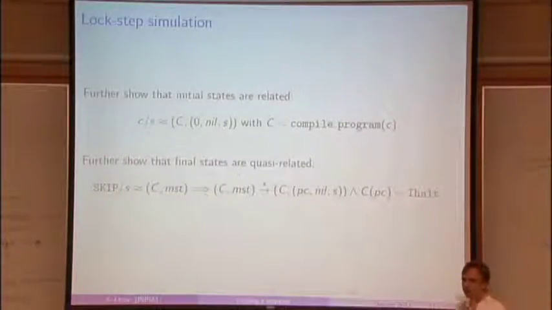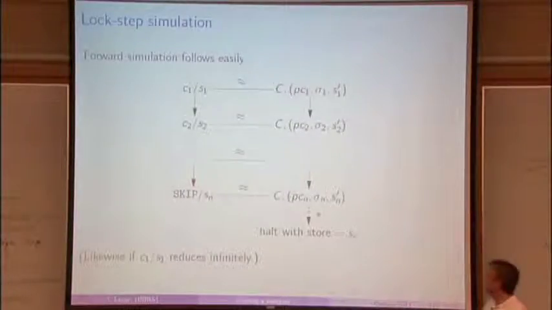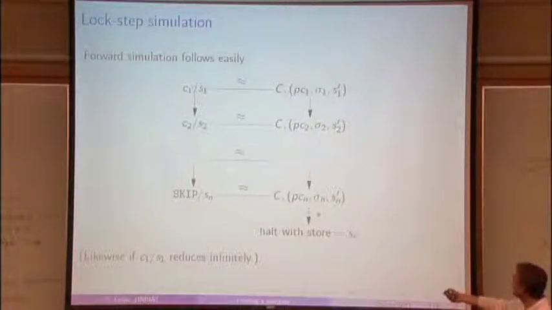So if you can do those three things, then you have a preservation of termination and preservation of divergence, because you start in your initial states, which are related by hypothesis. We showed that. Then you do one transition here. We can do the same here. One more transition there. If this terminates normally, eventually we get to skip.